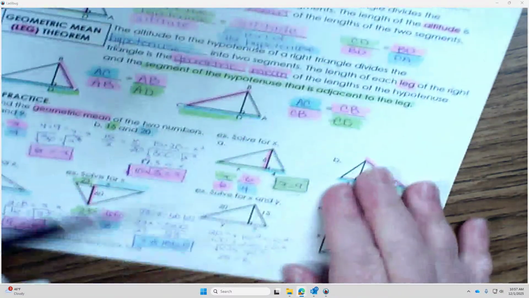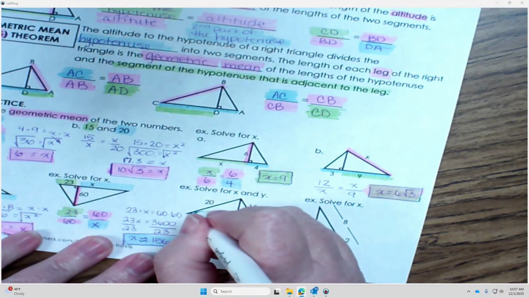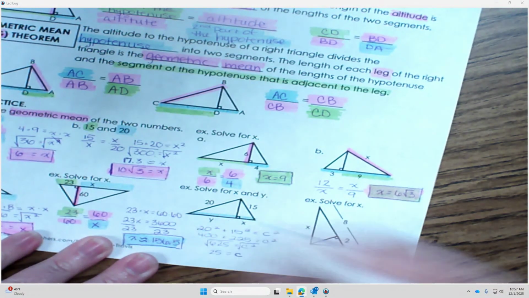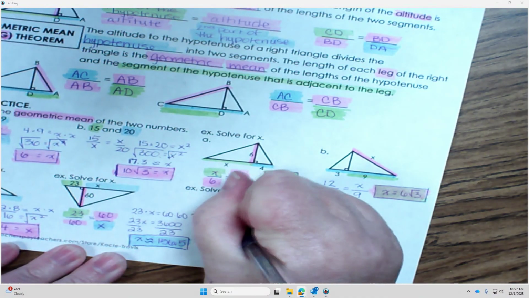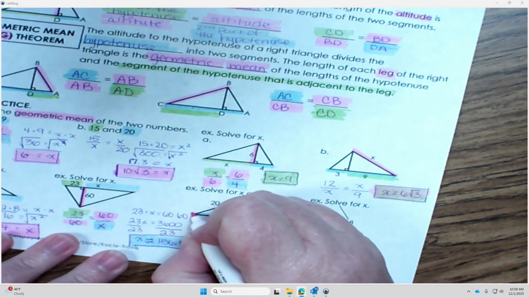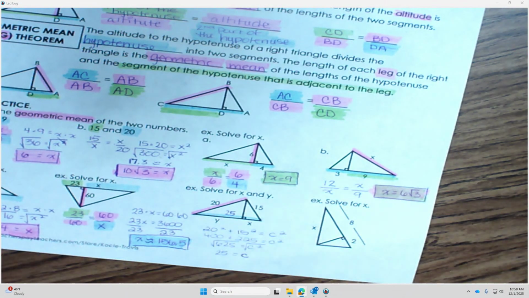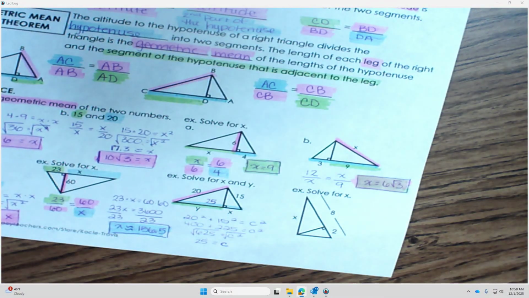Okay, so now I know my entire hypotenuse, which we're going to name blue to keep it consistent with our notes, is 25. So I can label that as 25. I have a leg here that's 20, and I'm going to compare that to the part of my hypotenuse that's adjacent to that leg.